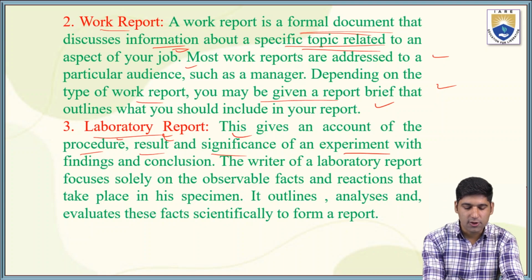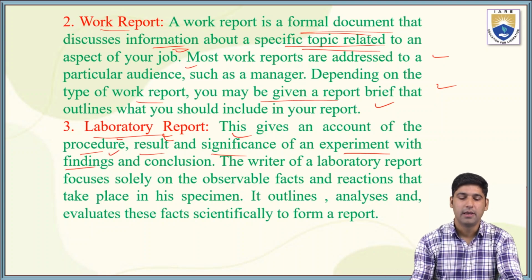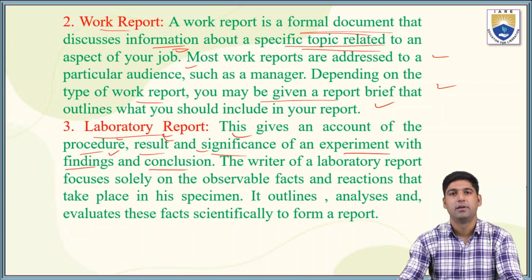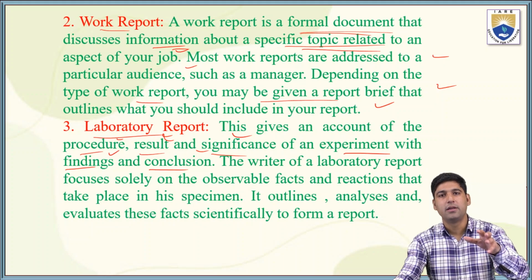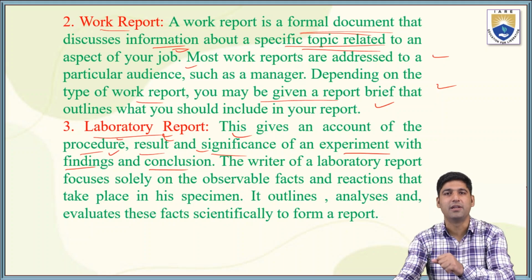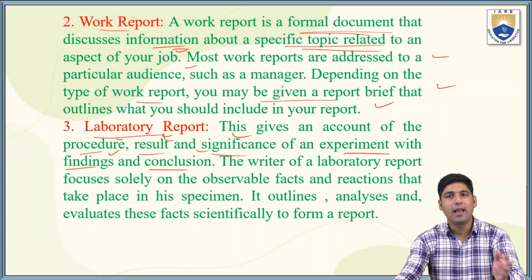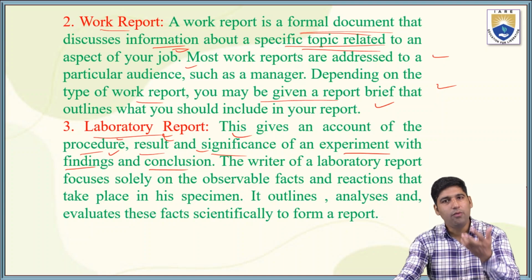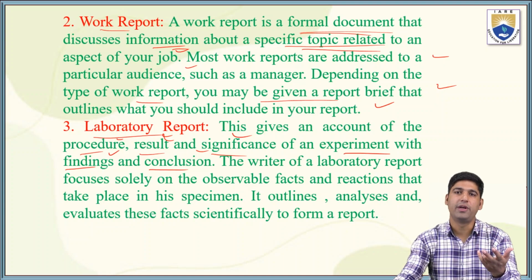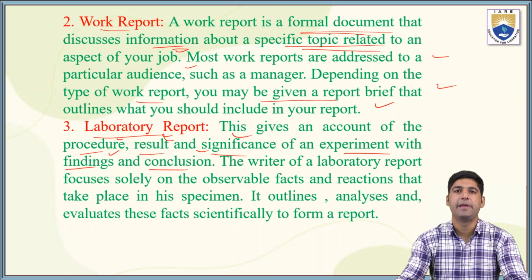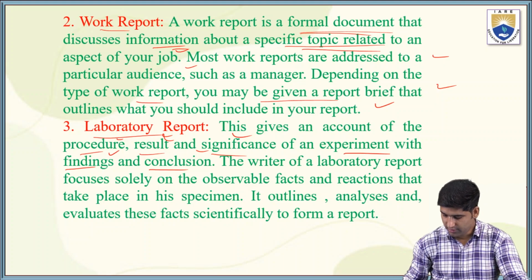It gives us the details of the findings and the conclusion of that experiment. It talks about the observation which is being done in a particular laboratory. It analyzes and evaluates that experiment which is being done in the laboratory.